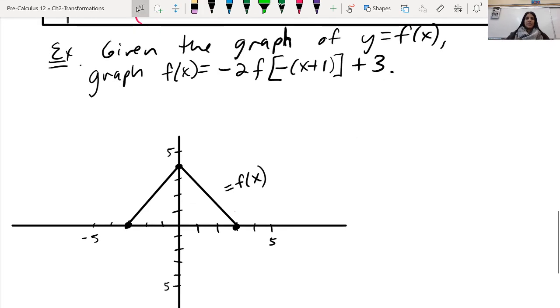Okay. This time we're given a graph, and given that, we want to graph this equation. So I think, again, it's helpful if we break this down into steps.